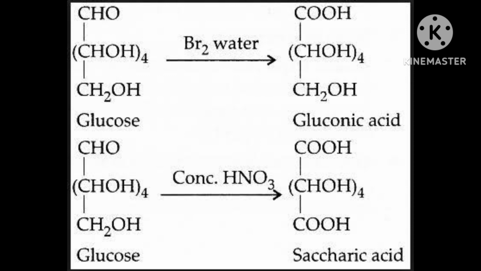For that you should understand that the letter D or L before the name of any compound indicates the relative configuration of a particular stereoisomer. One standard isomer is there. That is called a stereoisomer.